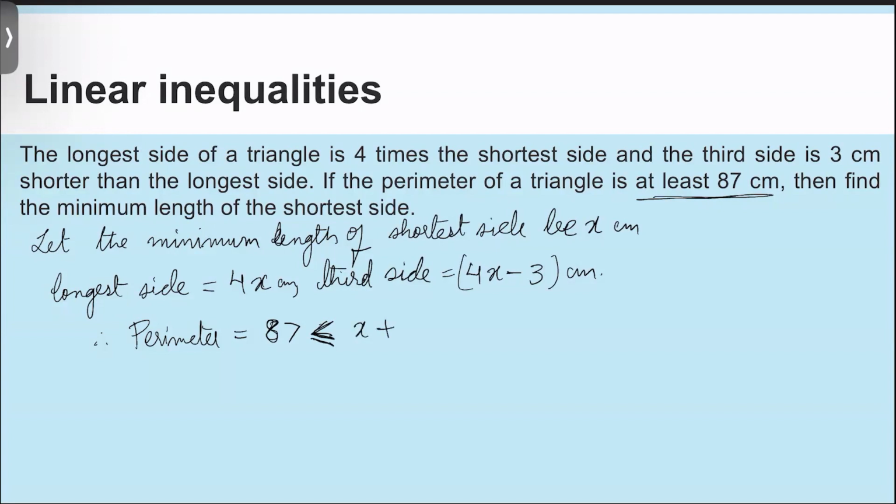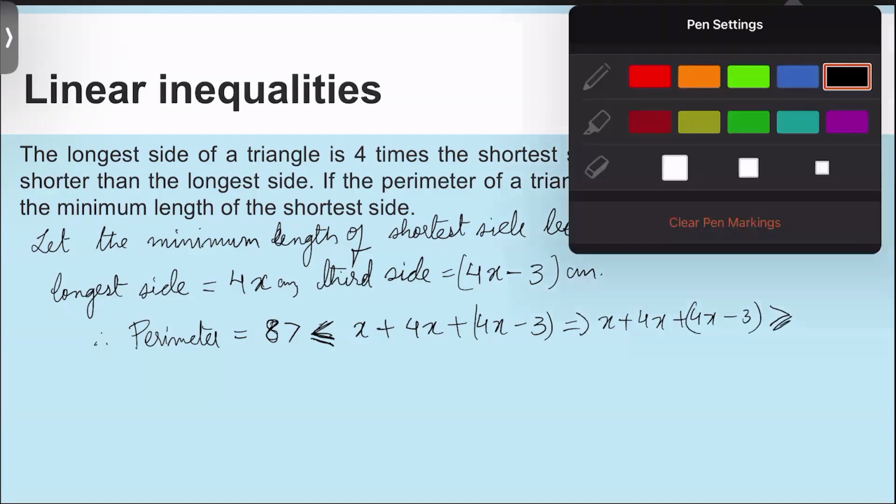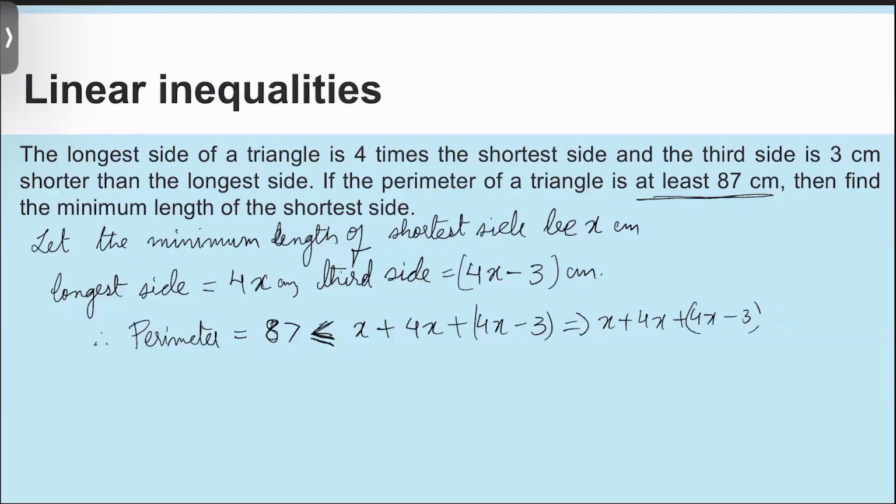Perimeter is the addition of x plus 4x plus 4x minus 3. Let's rearrange the equation to get all the variables on the left hand side. So you have x plus 4x plus 4x minus 3 has to be greater than or equal to 87 centimeters.